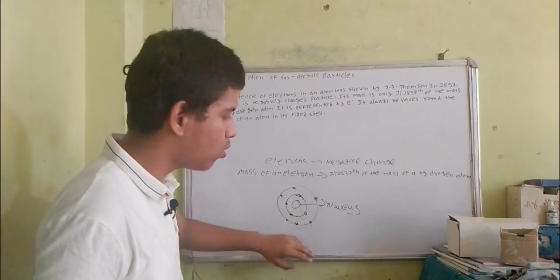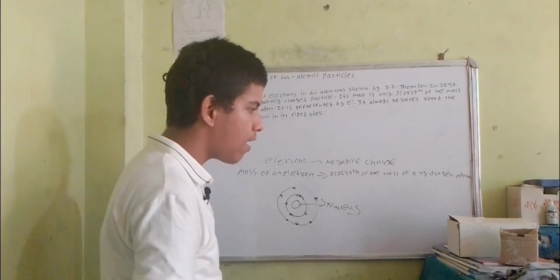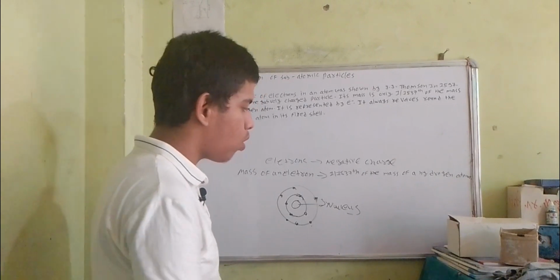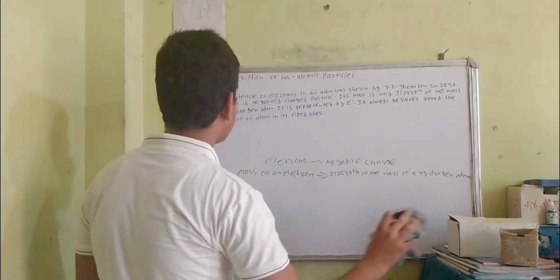They don't go anywhere away from that path. They have their path, and they always move on that path, right? So this is a short description of the electron.